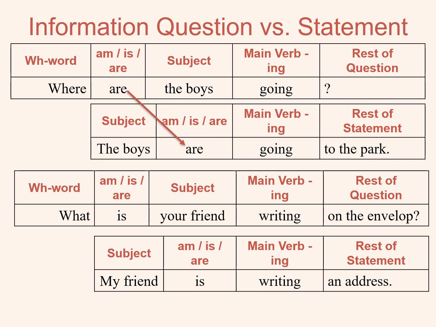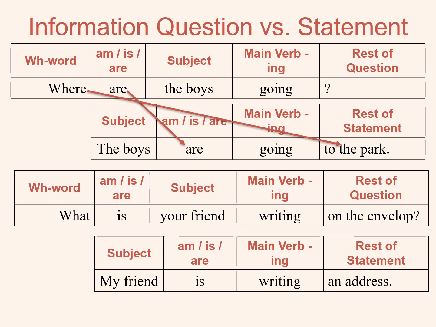And then we need the answer to the question where, to the park. So where are the boys going? The boys are going to the park. So again, the order of words in questions is usually different than the order of words in the answer to the question in statements. All right.